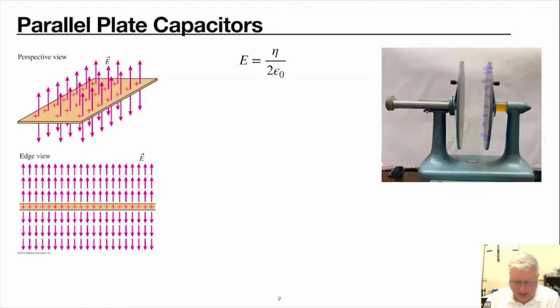What we would see then is some negative charge collect on this plate, and this side is insulated, so the charge will stay on there for a time.